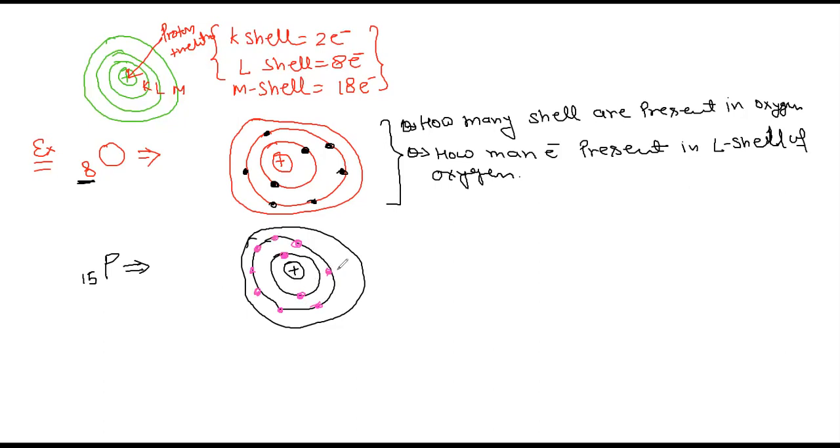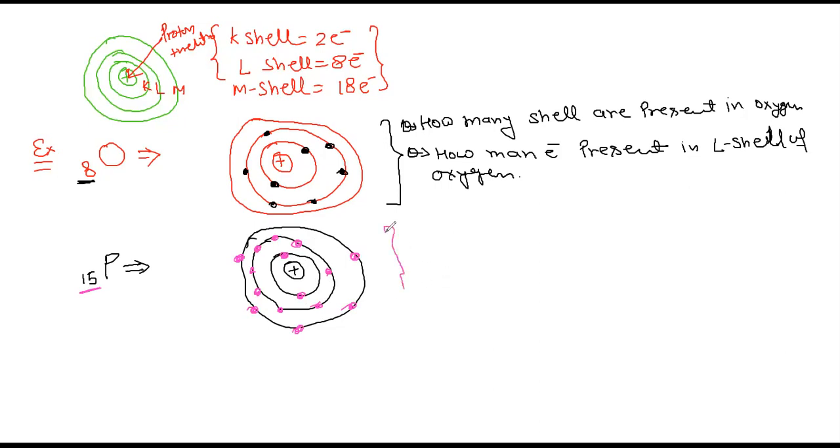And the third cell, how many electrons? Can you tell me? 2 plus 8 is 10. The total is 15, so the remaining is 5: 1, 2, 3, 4 and 5. This is the electronic configuration of phosphorus.